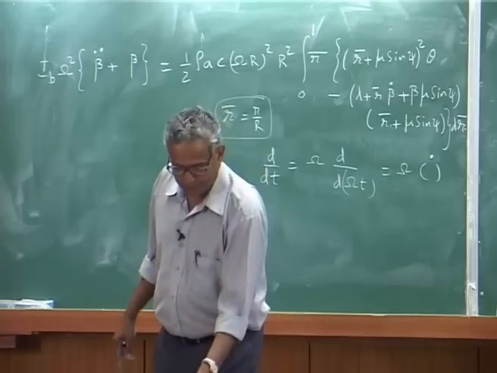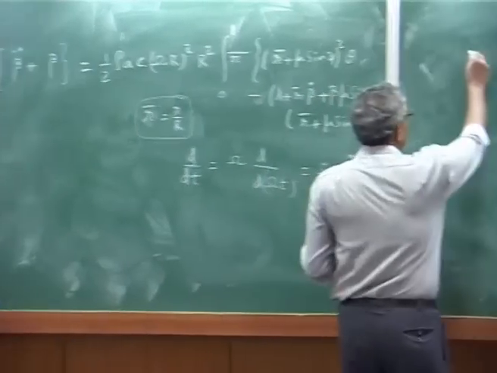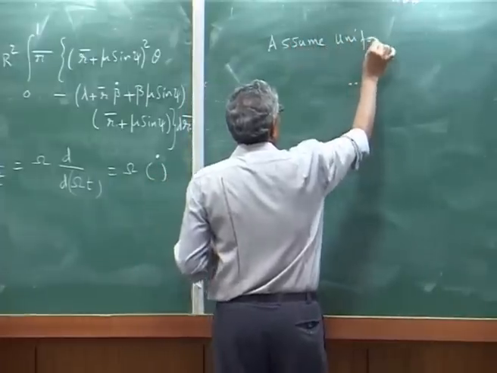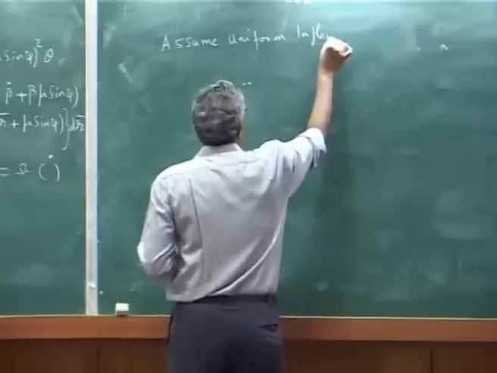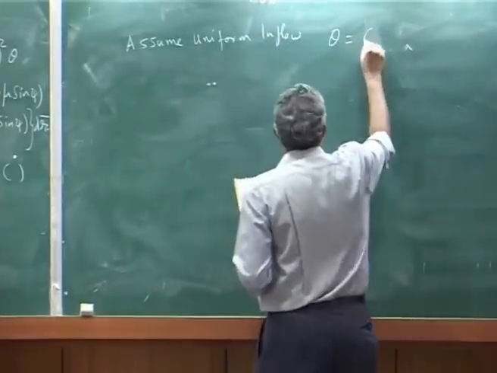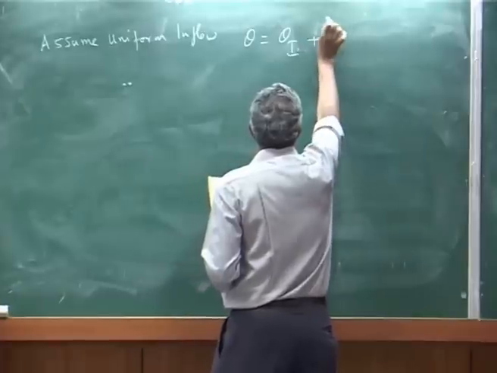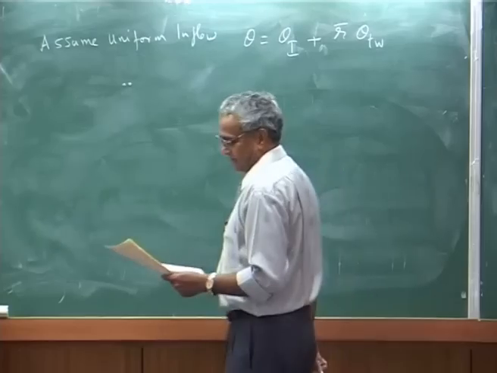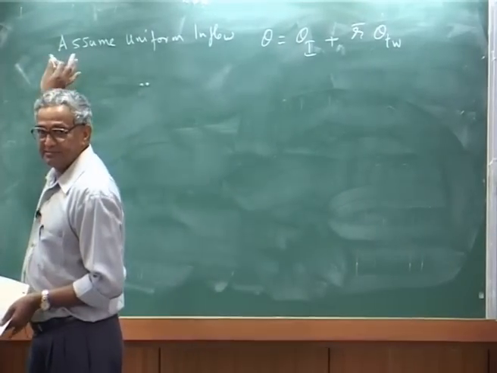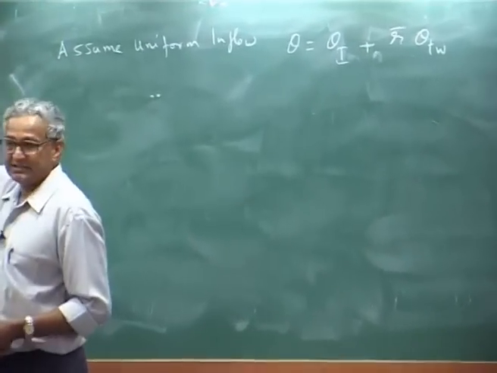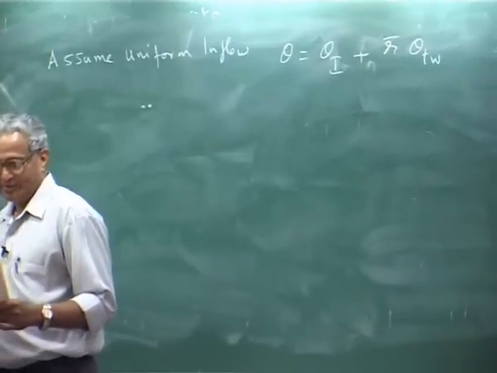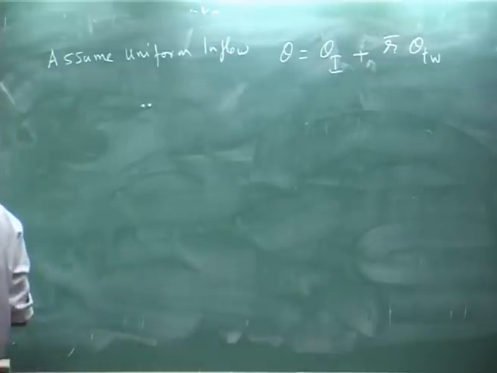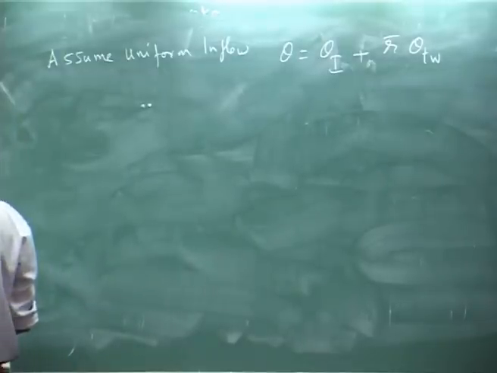Now if you write, assume uniform inflow, and theta equals theta I plus r bar theta twist, if we assume linear twist, put it back here, integrate, you will get your equation like this. But finally I am going to write it in this form, which is relatively simpler.